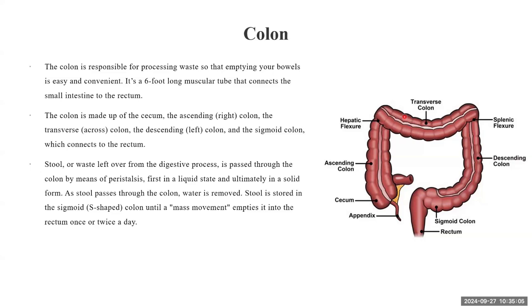So what does anesthesia cause? Anesthesia basically slows down the intestinal movements. So the food or waste in the intestine doesn't move forward. It just settles in the form of stasis.